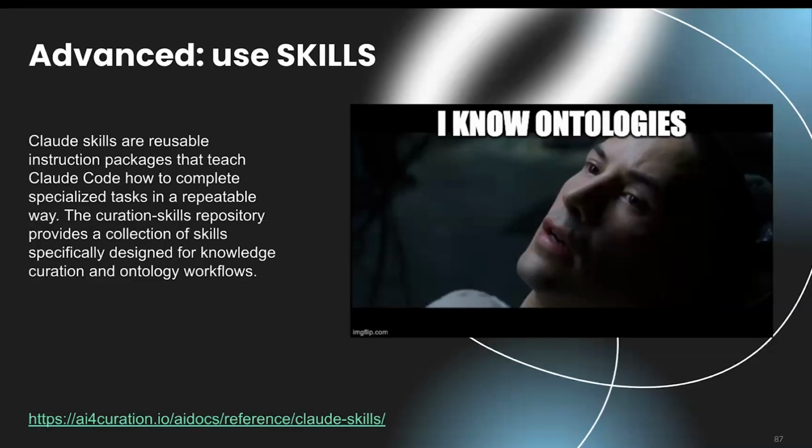We already have some general purpose skills that you can plug into your own repo, like how to use the ontology access kit to do complex queries. We'll probably have some skills in the future for using ROBOT and tools like that. And maybe you've got a very specialized ontology that needs specialized tools. For a chemistry ontology, you might want to add skills on how to use things like the Python RDKit, which knows about chemical structures and so on.